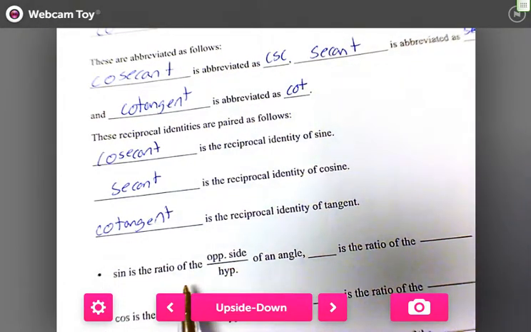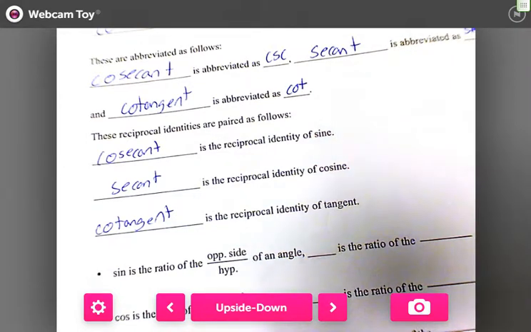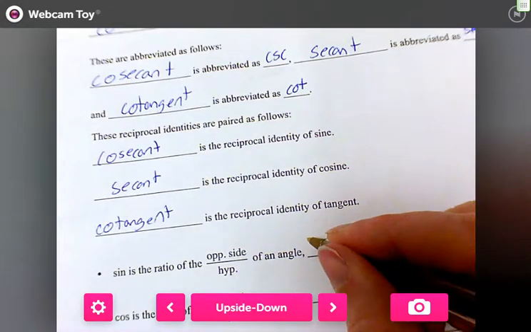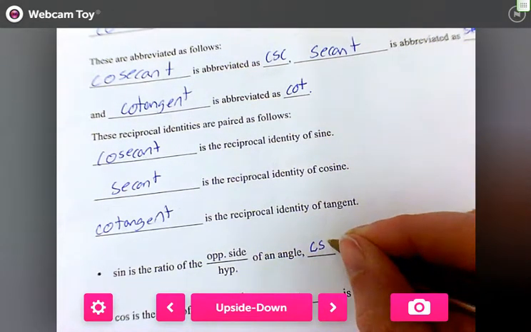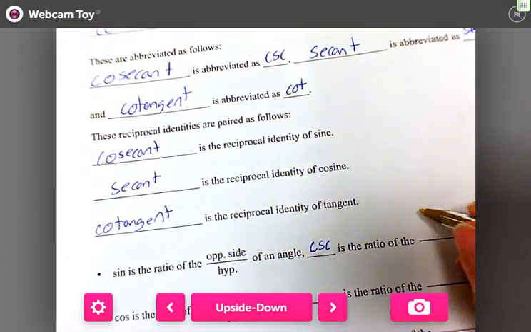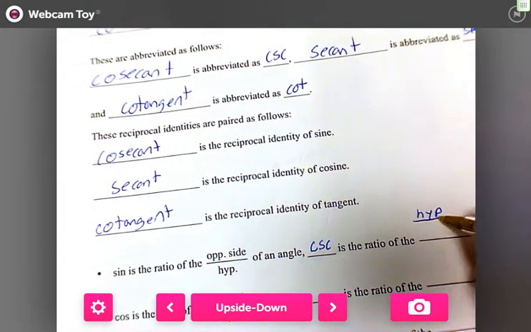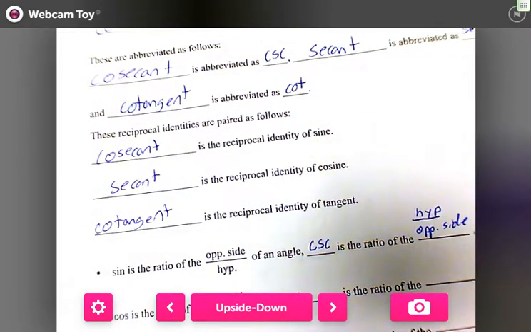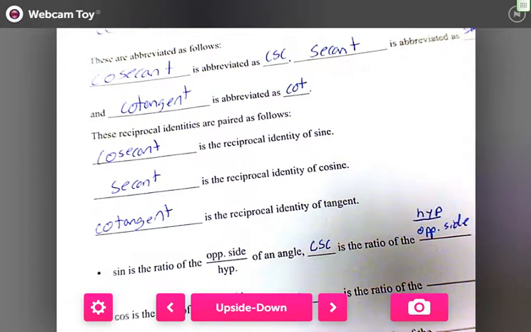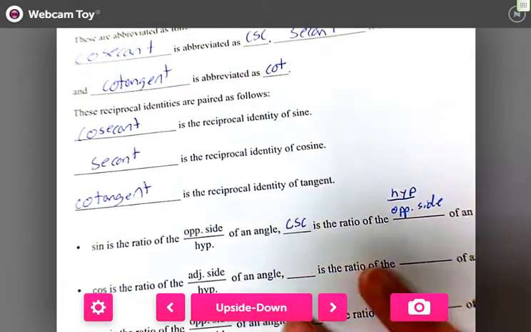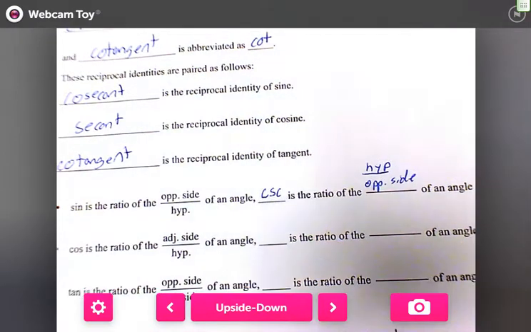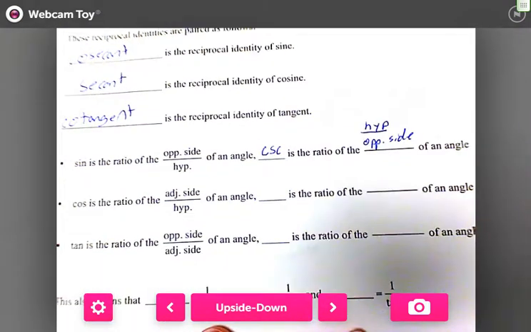Sine is the ratio of the opposite side over the hypotenuse of an angle. Cosecant is the hypotenuse over the opposite side of an angle. You should be writing all this down.